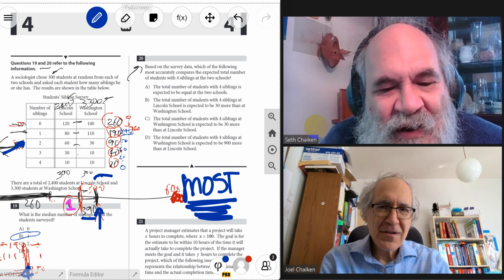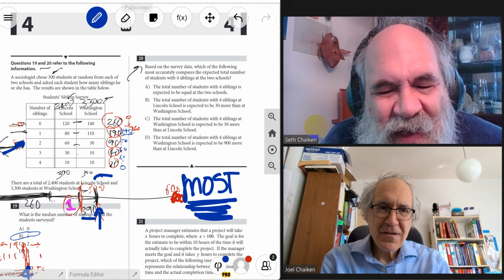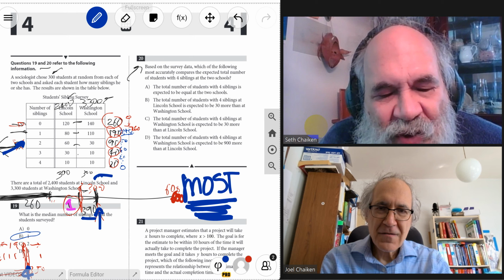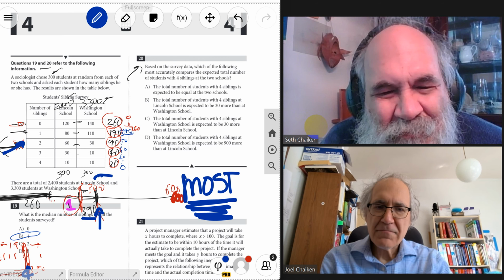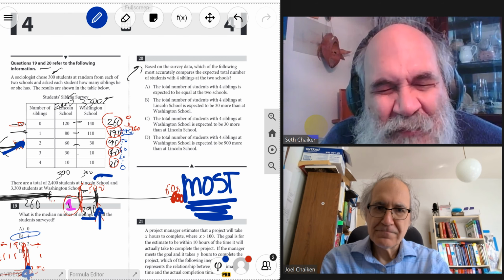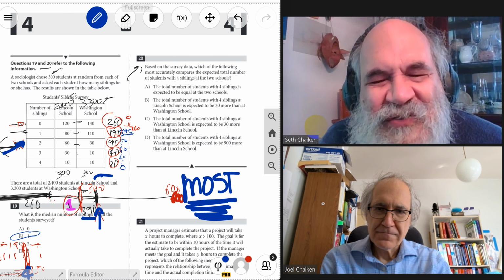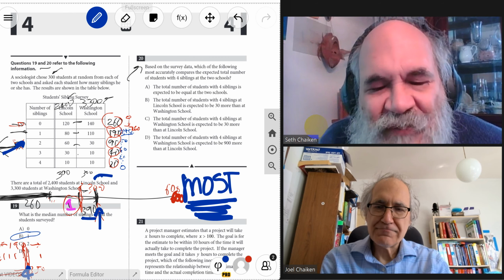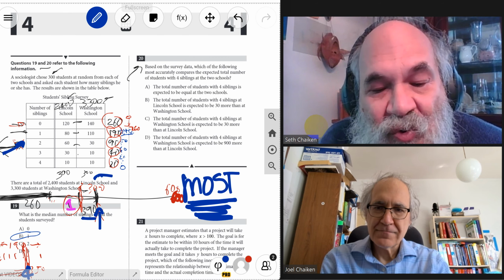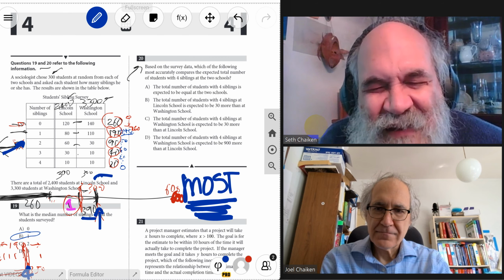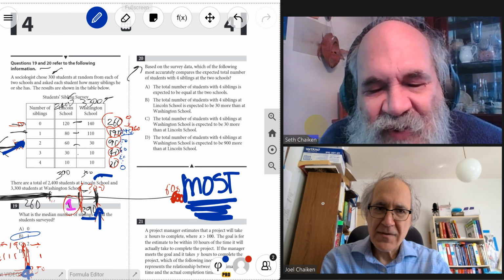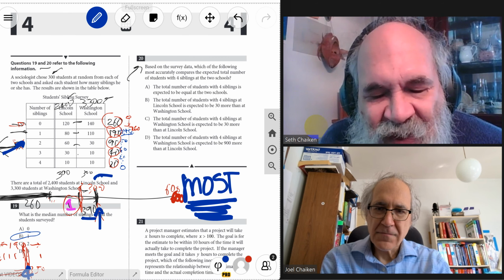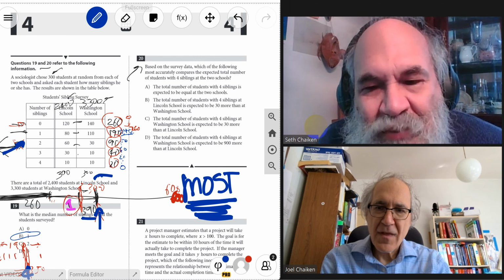I think what's going on here is they want you to use the samples at the 2 schools separately to calculate an estimate of the frequency of numbers of siblings in each school separately.